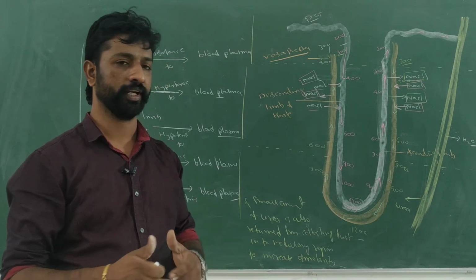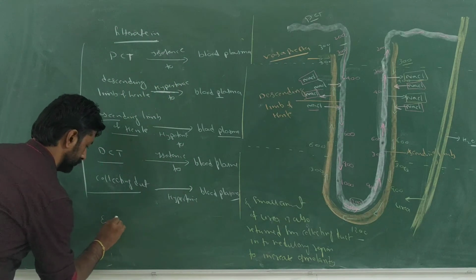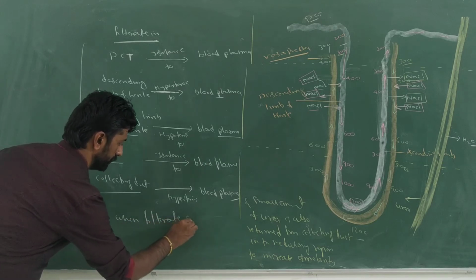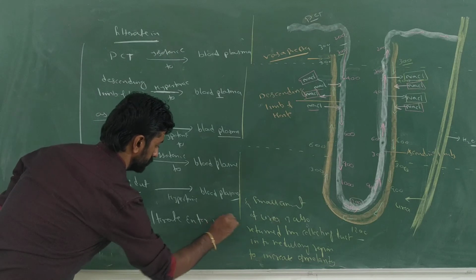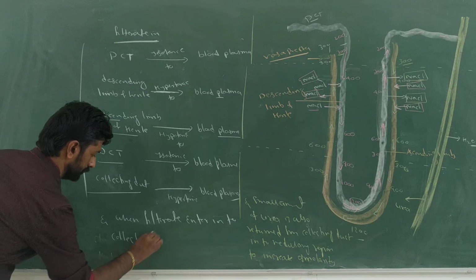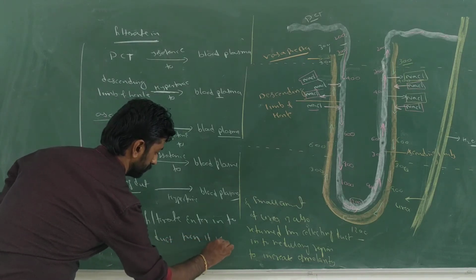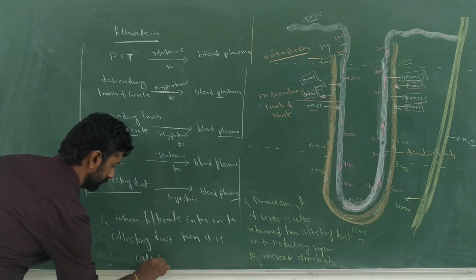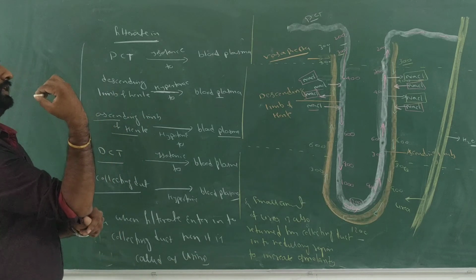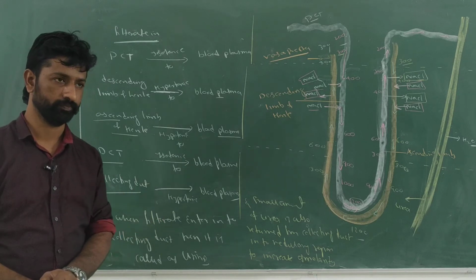The filtrate, after entering the collecting duct, is called urine. So how concentrated is the urine when it is released out of the excretory system?